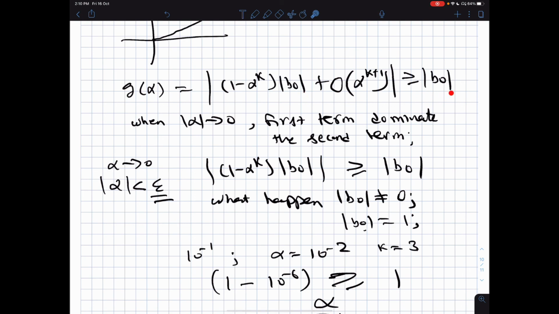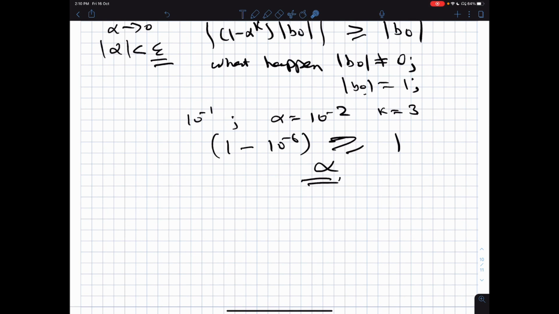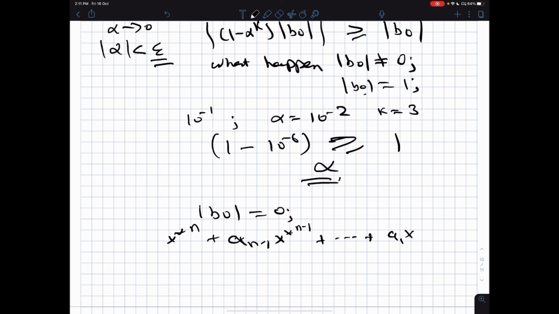Therefore that inequality will not hold with mod of b naught strictly greater than 0. So mod of b naught has to be equal to 0. But what is b naught? B naught is nothing but x star to the power n plus a n minus 1, x star to the power n minus 1, and so on up to a1 x star, and so on up to a naught, and this has to be therefore equal to 0.